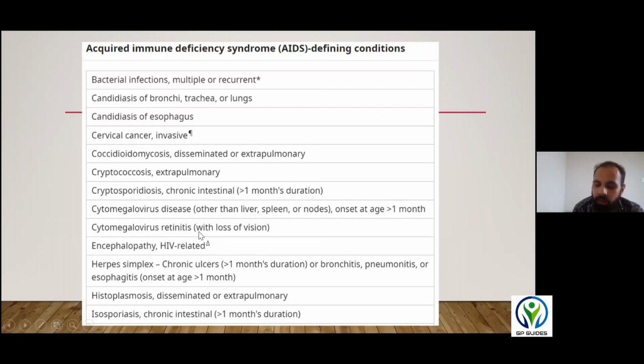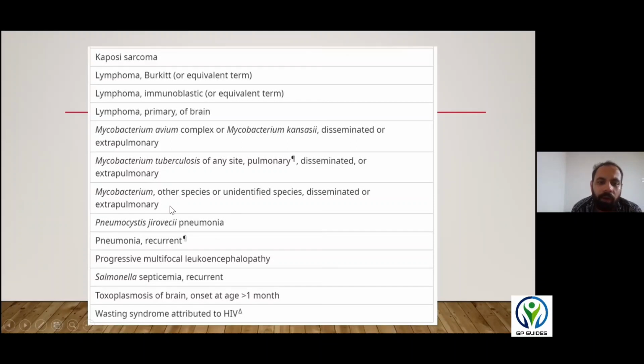Then the patient can have disseminated or extrapulmonary tuberculosis due to Mycobacterium tuberculosis. Then pneumonia due to Pneumocystis jirovecii. Then in the brain, you can have toxoplasmosis. You can have another infection in the brain known as progressive multifocal leukoencephalopathy.